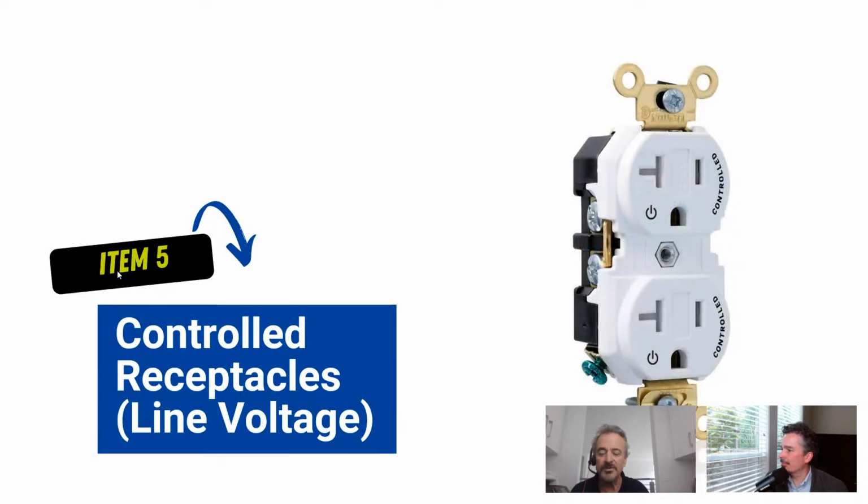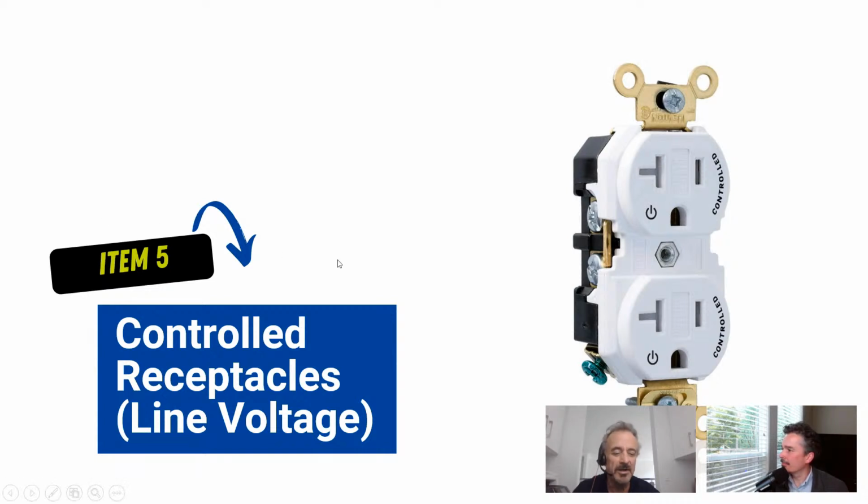So next on our list is a controlled receptacle. So again, typically those are going to need either line voltage or, looking for my notes here, I should have had that, sorry. Or low voltage, but let's assume we're going to get line voltage to the receptacle, the controlled receptacle.